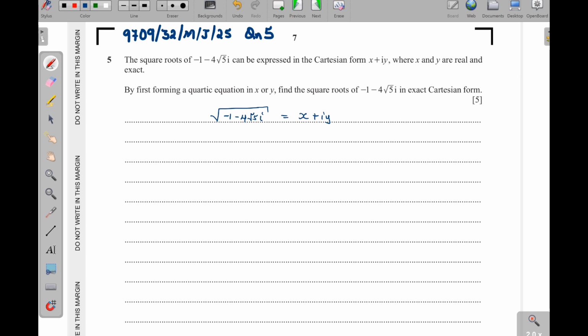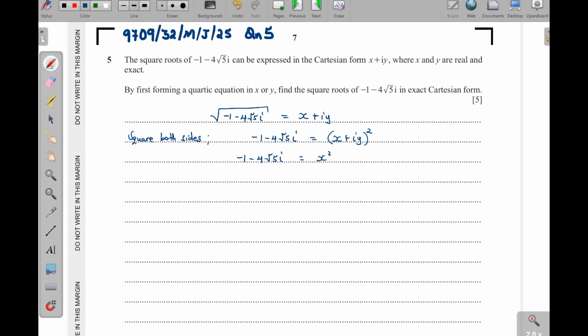So if we square both sides of the equation, what do we get? We get the square root here disappearing, and then this one will be equal to x plus iy, then we square it. This is -1 minus 4 root of 5 i.